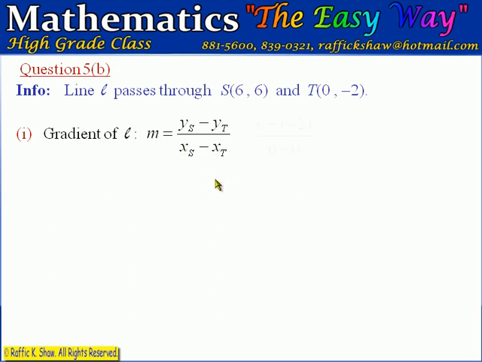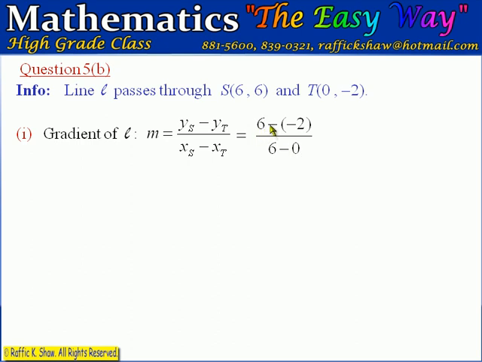And so we can place those values in, and that's it. y_S, that's the y value at S, is 6, minus the y value at T, which is -2. So it's 6 minus -2. And then the difference in x: the x value at S is 6, and the x value at T is 0. So it's 6 minus 0.